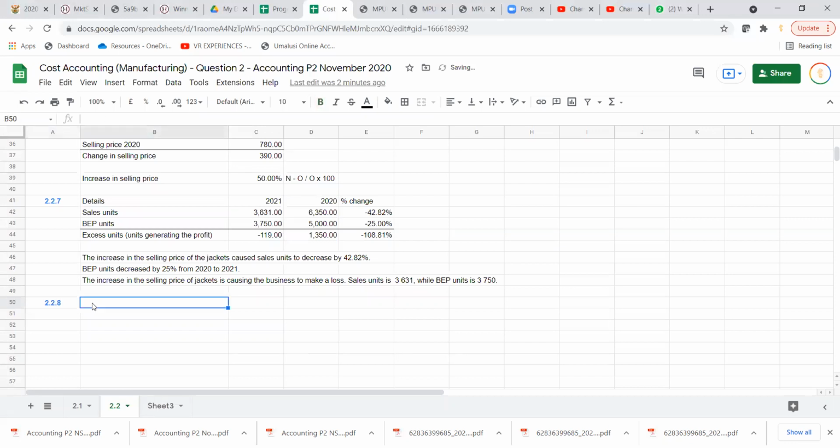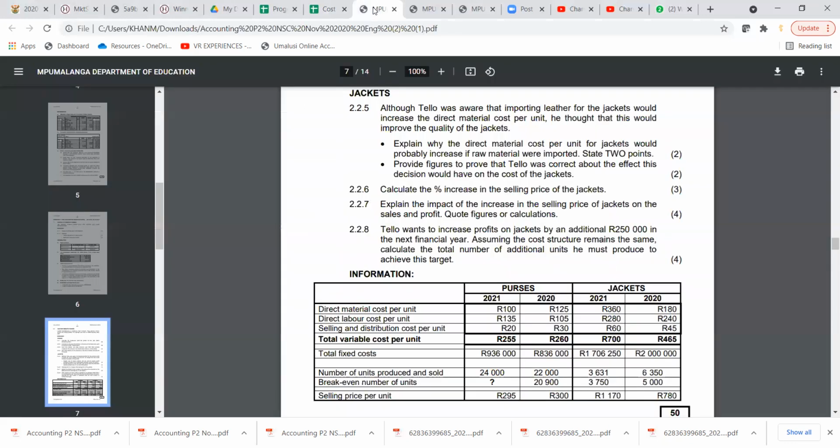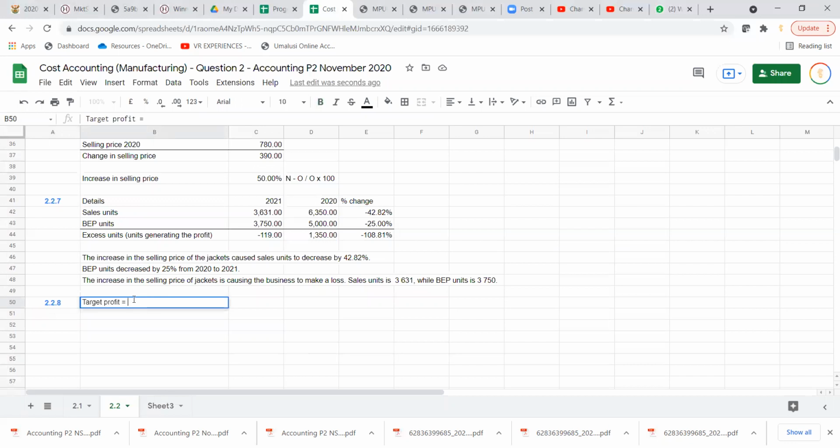Okay, so to work this out, we just use target profit equals, so let's see if we have fixed costs. Yes, we have fixed costs. So target profit equals fixed costs plus target profit divided by contribution margin per unit. Okay, so just to be aware, we need to do that.